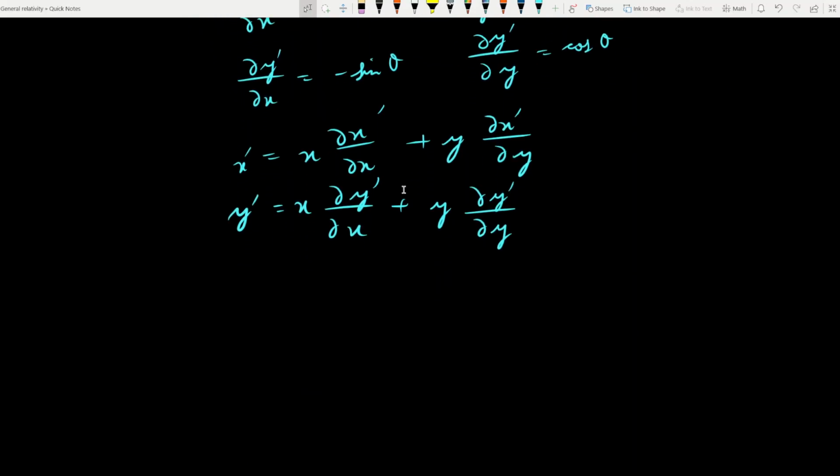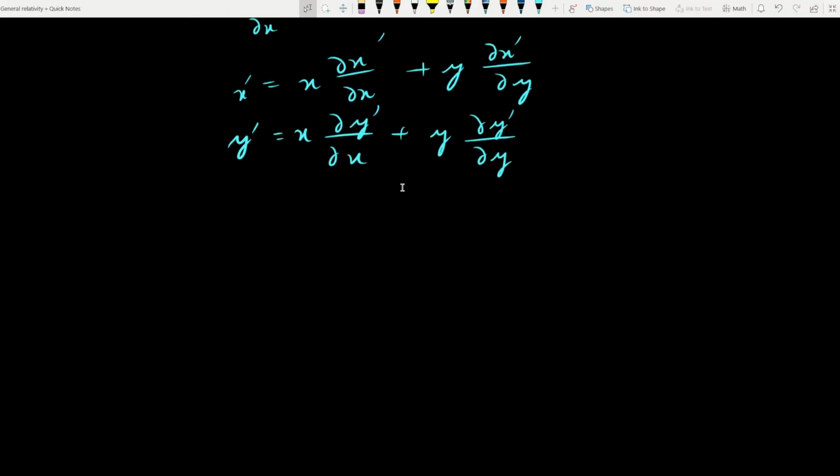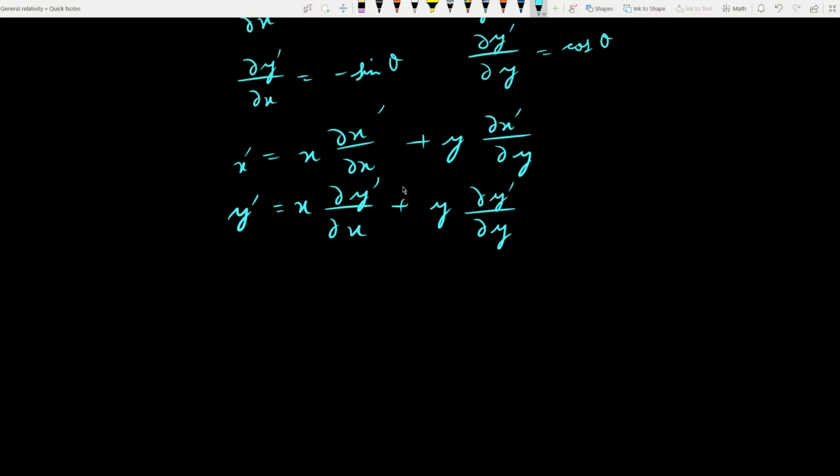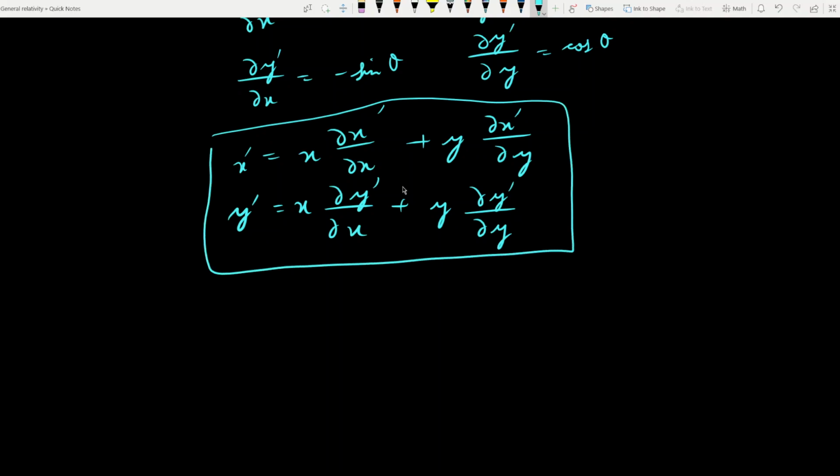Okay, so moving on, we can write these sets of equations in a more compact manner. Let's first define x to be x1, y to be x2. So we can write our equations as x primed of i is equal to the sum over j of xj del x primed of i over del xj.